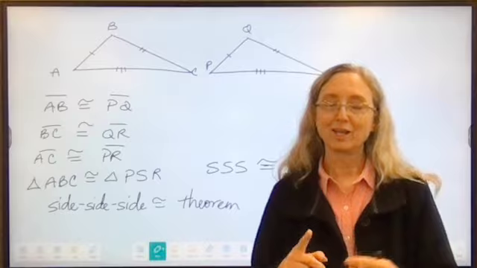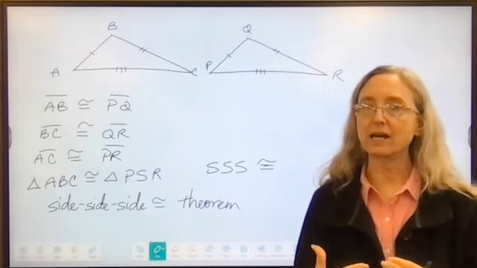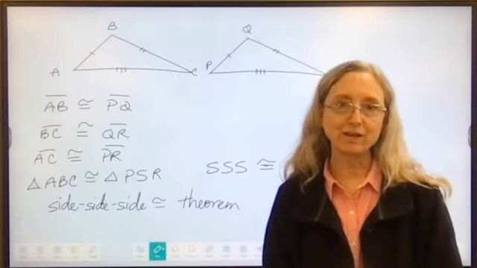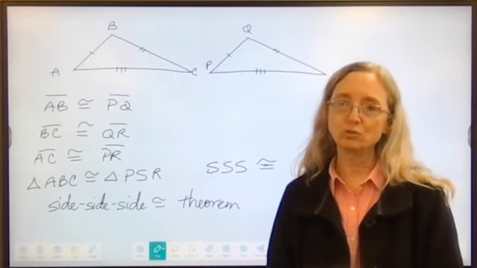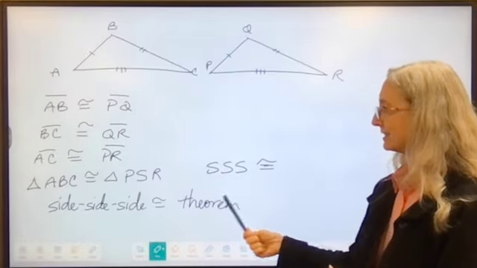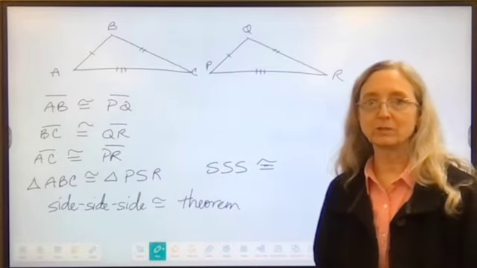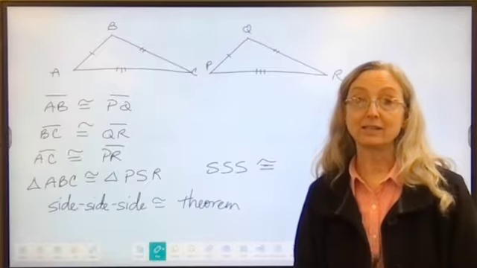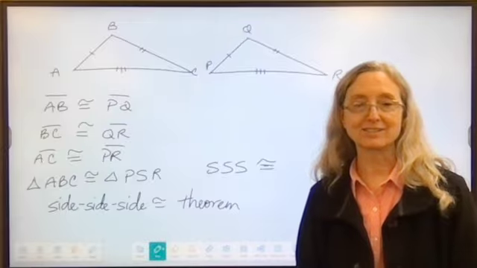Only one. So if all three sides of one triangle are congruent to all three sides of another triangle, then the two triangles are congruent. That is the side, side, side congruence theorem, and you can just abbreviate it SSS. So that is our next theorem.